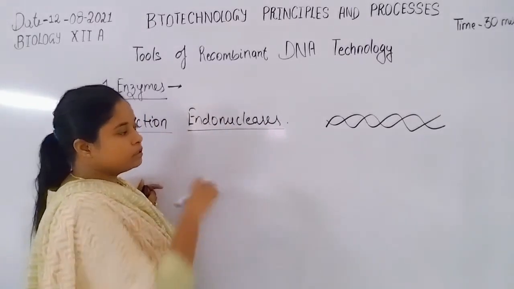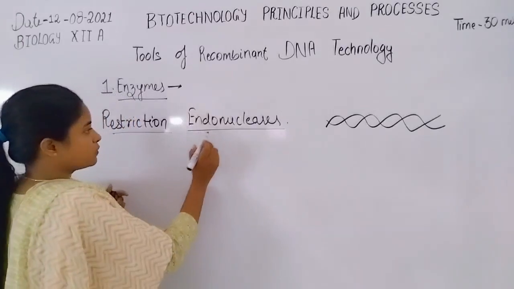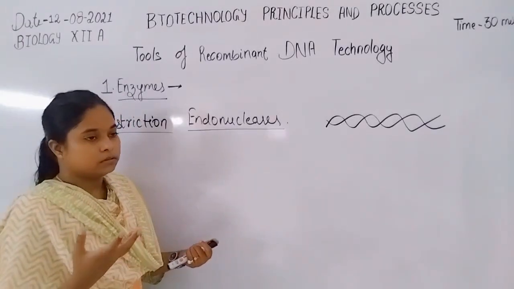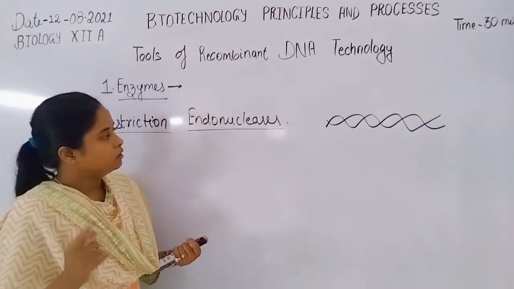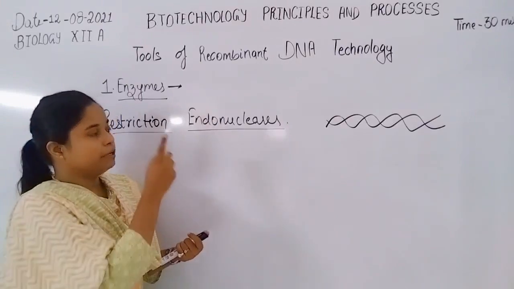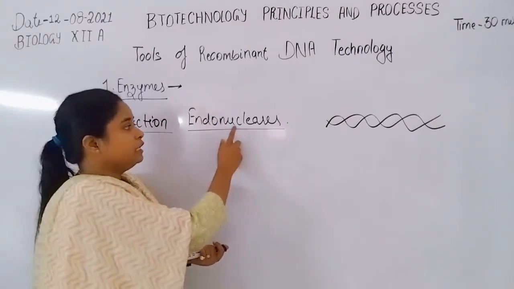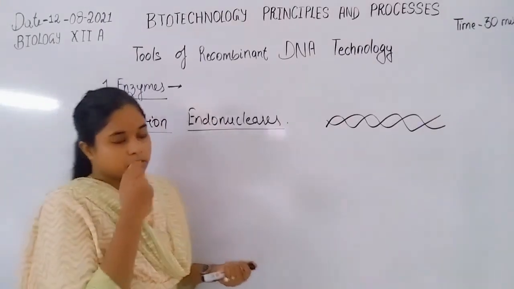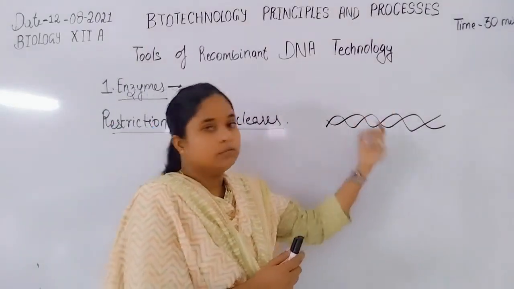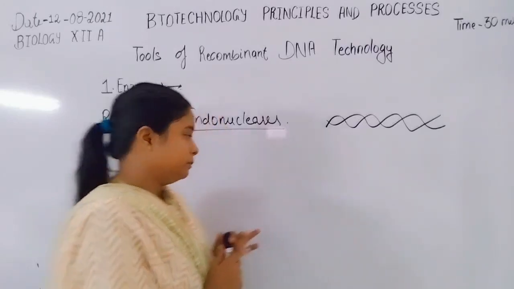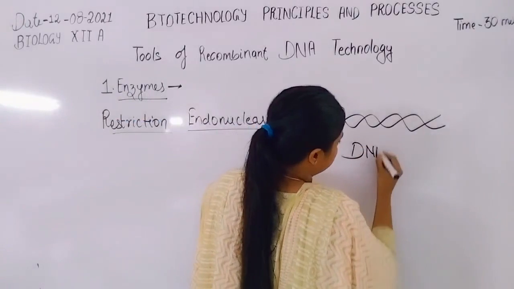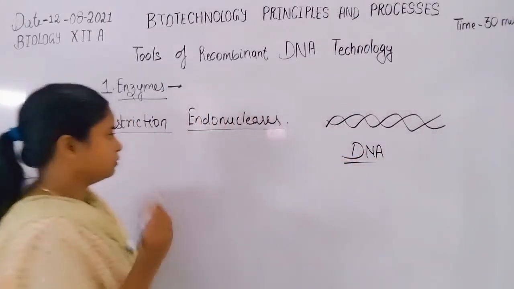So they only cut nucleic acid, not protein, because if they cut the protein chain they would be called proteases, but the name is nucleases. So according to the name, they only cut the inner side of the nucleic acid, for example deoxyribonucleic acid, DNA.